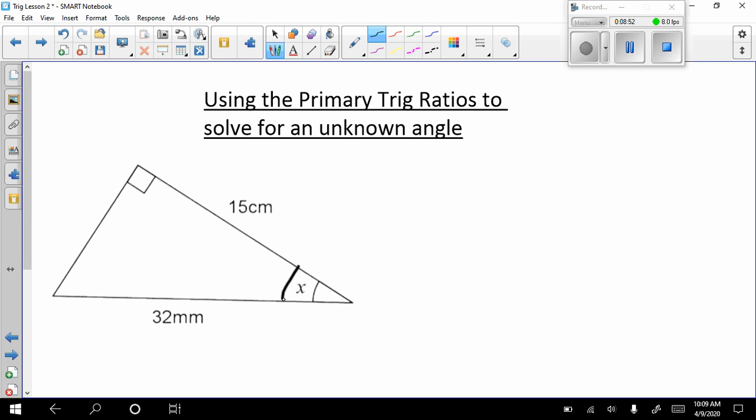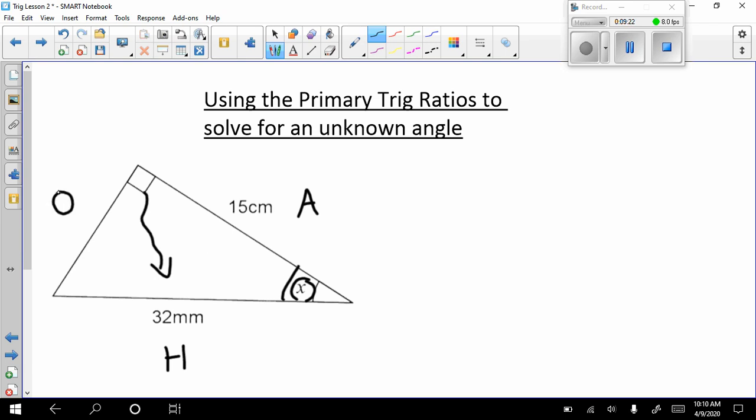So I am going to label my triangle using my opposite, adjacent, and hypotenuse, but I'm going to do it relative to this angle x. So I say to myself, okay, well, 32 is the hypotenuse, and I know that because it's opposite the right angle. Now, according to x, the 15 is the adjacent, and this other side over here is the opposite.